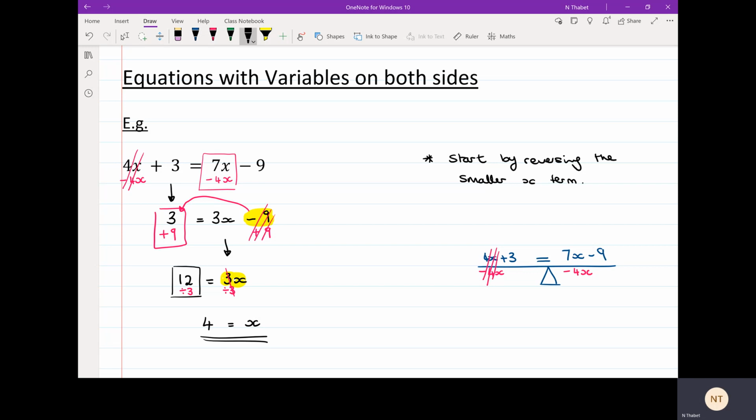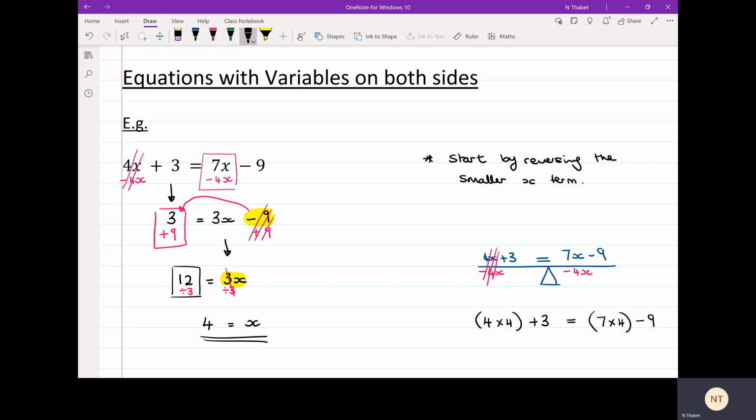What does this mean? This means that when I substitute the value of x back into the equation, both sides will equal. They will be exactly the same amount. So 4x means 4 times 4, add 3, should equal exactly the same as 7 times x, which is 7 times 4, because 4 is x, take away 9.